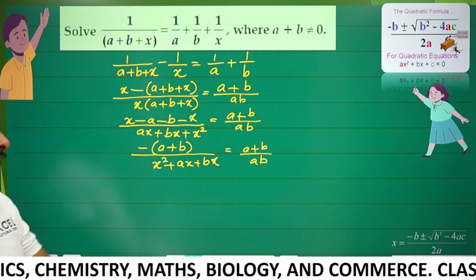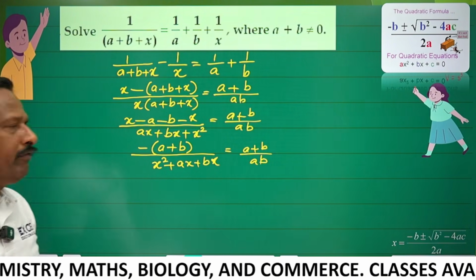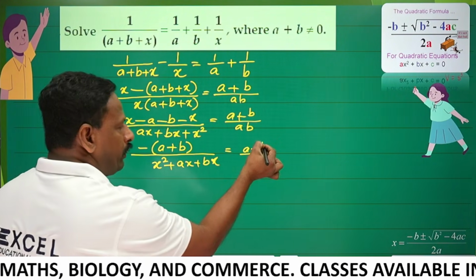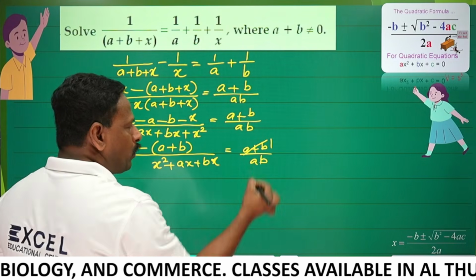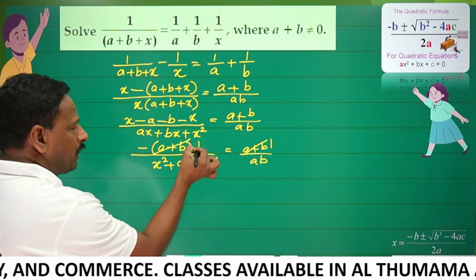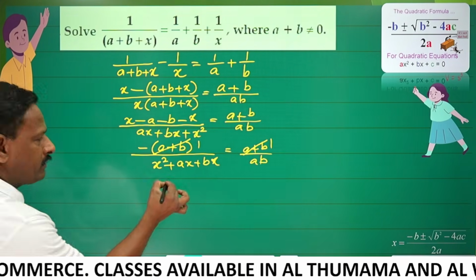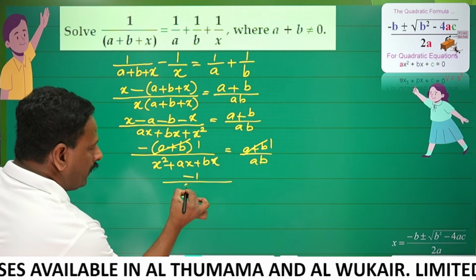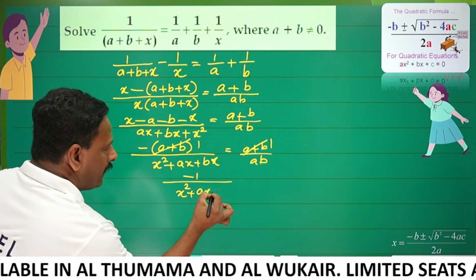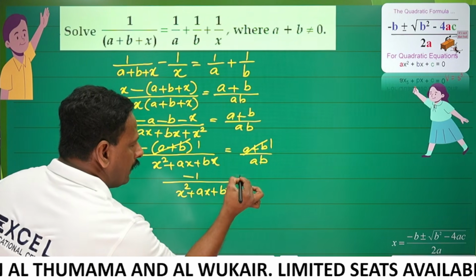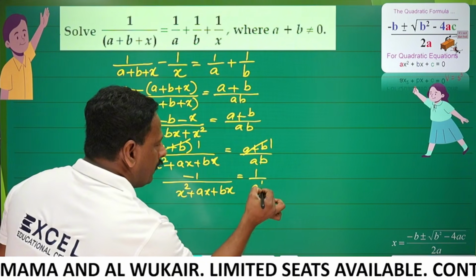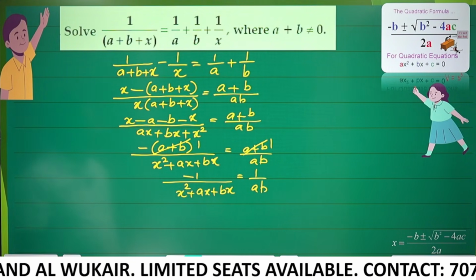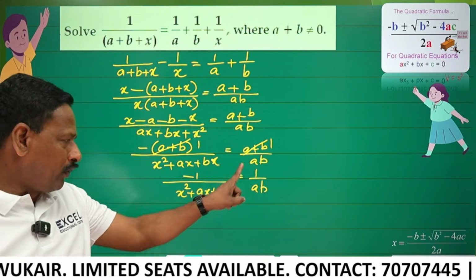Now you can see both the numerators have a plus b, so you can cancel this a plus b in a plus b one time, so that what remains is negative 1 by x square plus ax plus bx equals 1 by ab. Now you can see again we have to cross multiply.